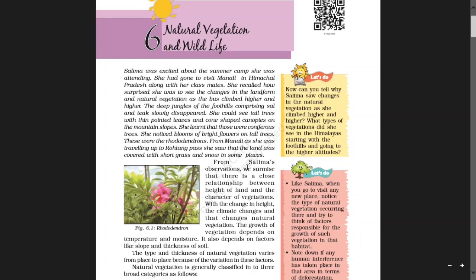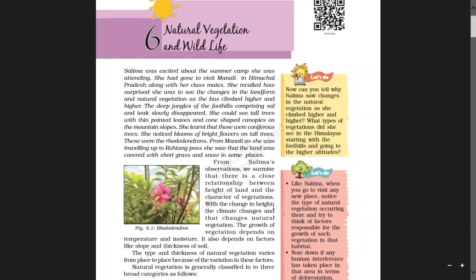From Shalima's observations, we surmise that there is a close relationship between the height of land and the character of vegetation.